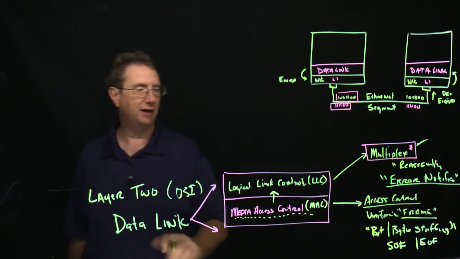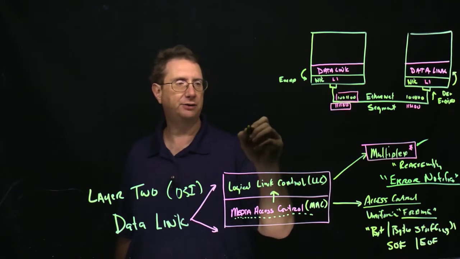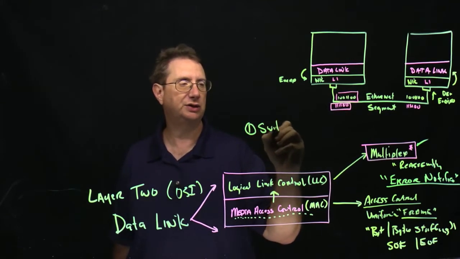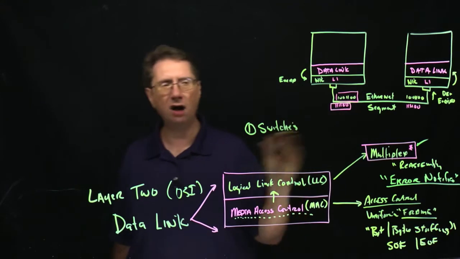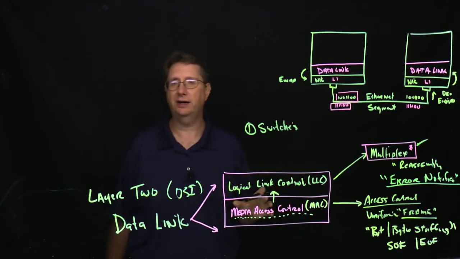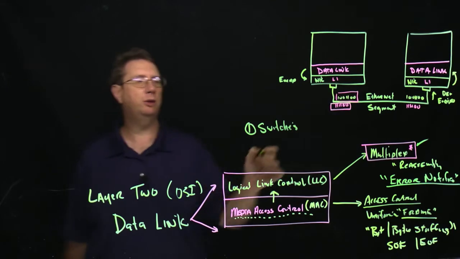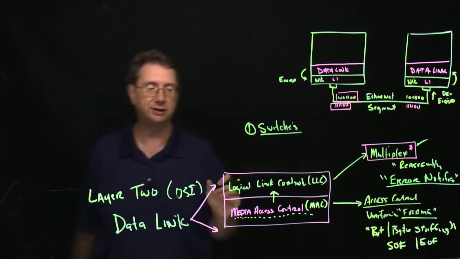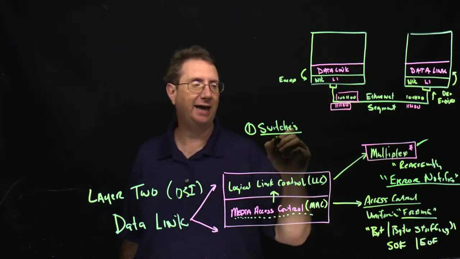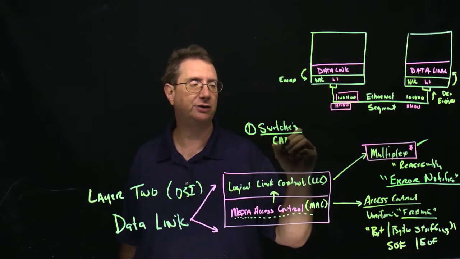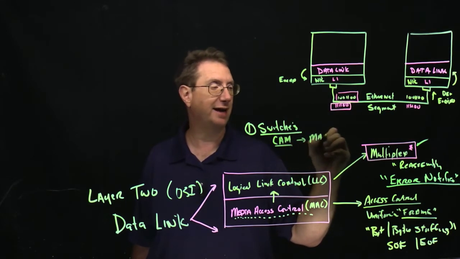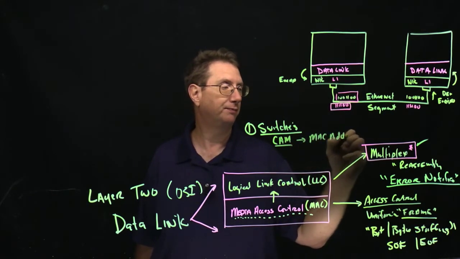So at the link layer, it's important for us to understand this is where we find devices like switches. You know, gone are the days of hubs and concentrators. So what we want to do is have switches in our infrastructure because switches are intelligent. Switches maintain databases like content addressable memory tables, something that you may already know as a MAC address table.